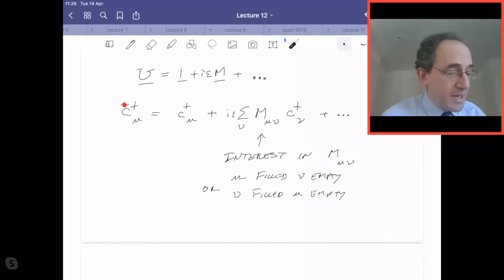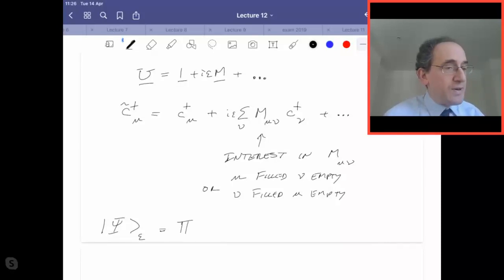Okay. All right. So now let's use this expression for my changed operators after I make a unitary operation on them. Let's reconstruct our new wave function. Let's call it psi at epsilon, and that will be the product over all my occupied mu's of c twiddle dagger sub mu on 0.